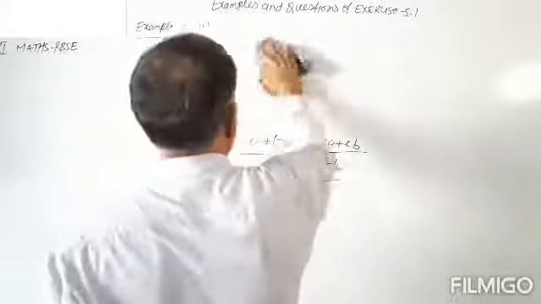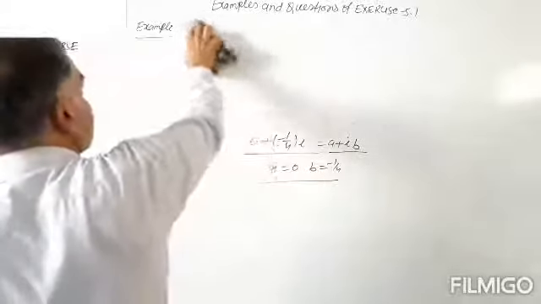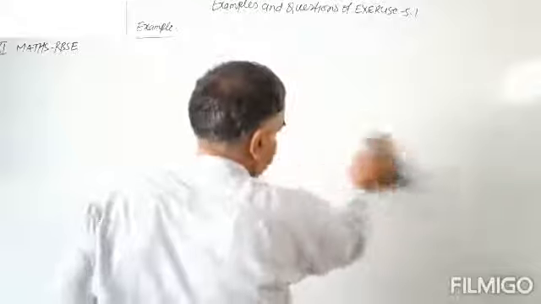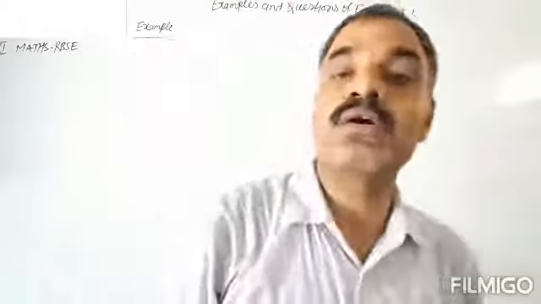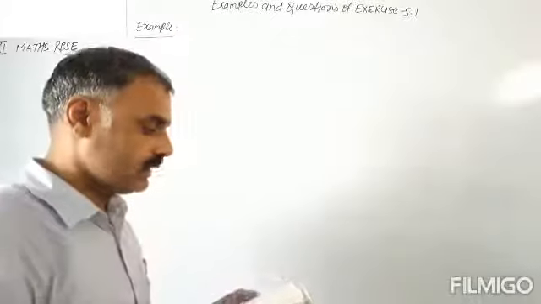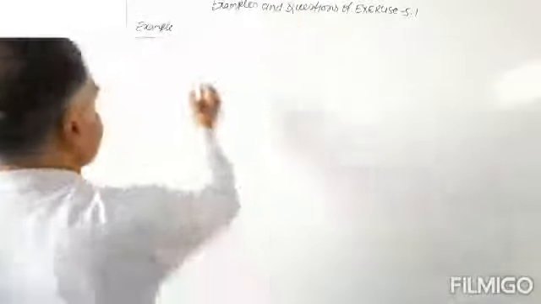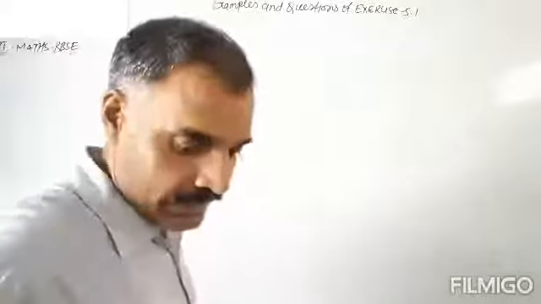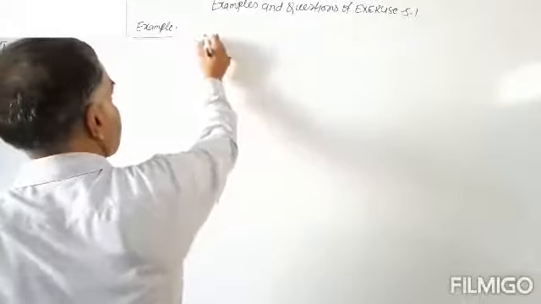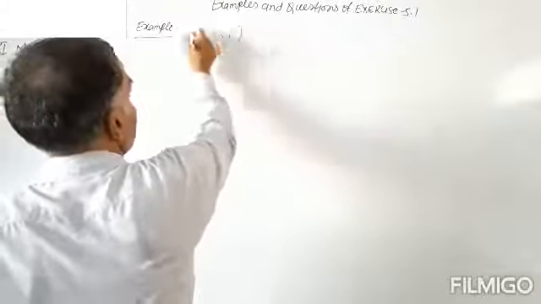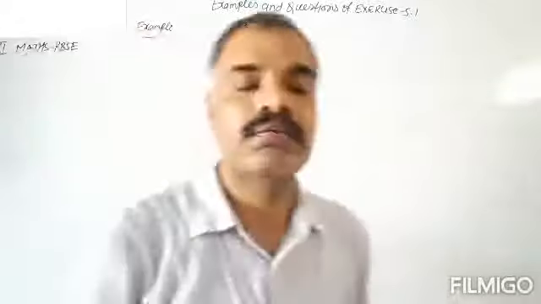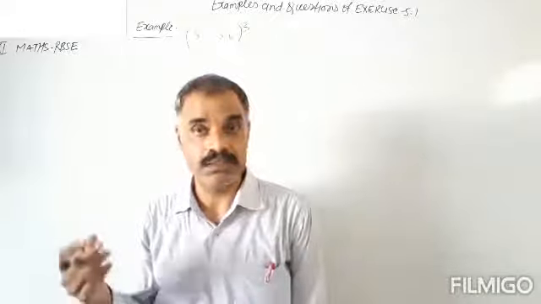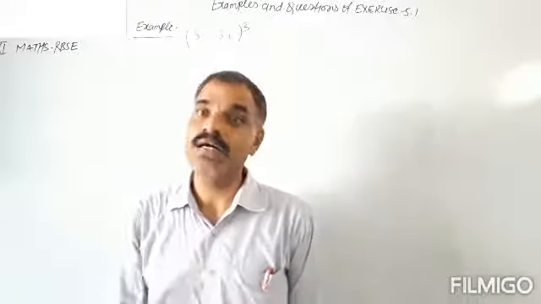Put the given complex number in the standard form, that is a plus iota b.